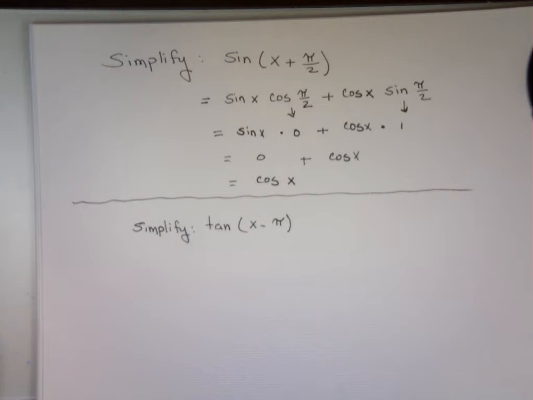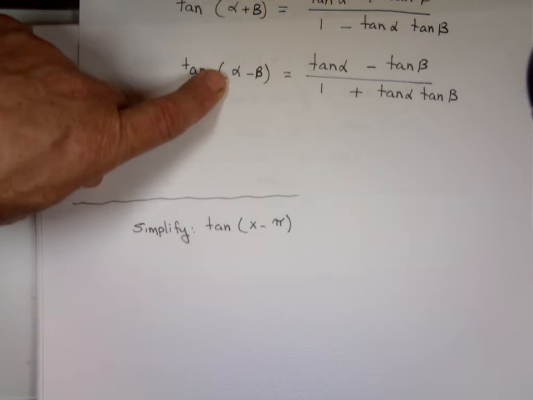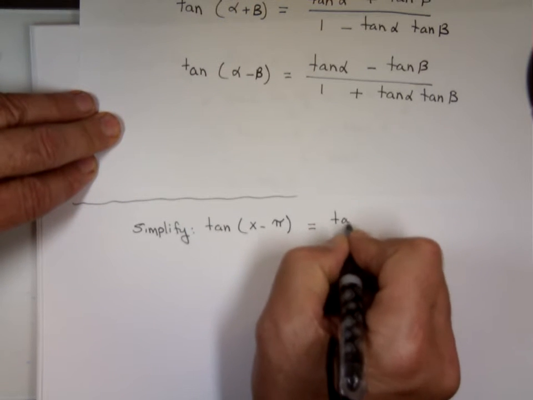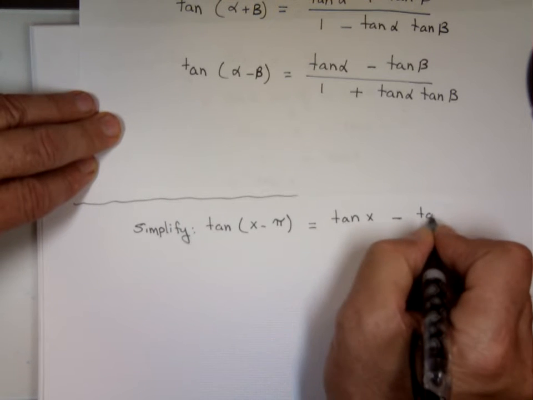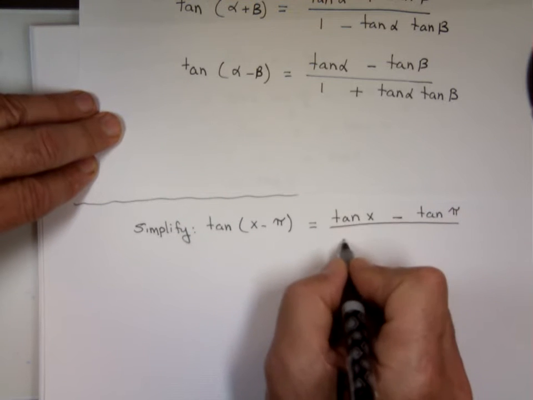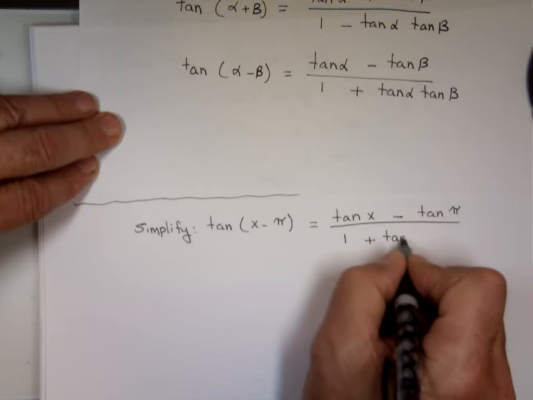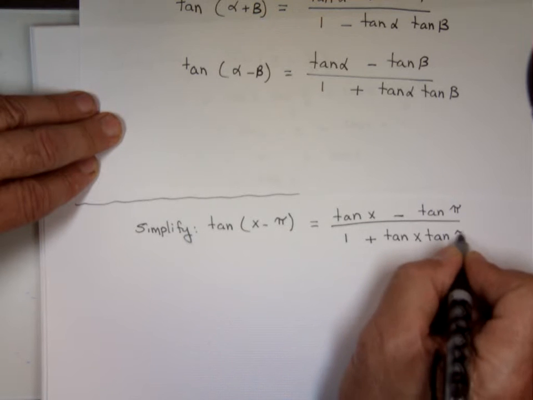Let me bring my sheet back. This is minus, so it's this one. The minus, so it should be what? Tangent x minus tangent what? Pi, over 1 plus tangent what? X tangent pi.